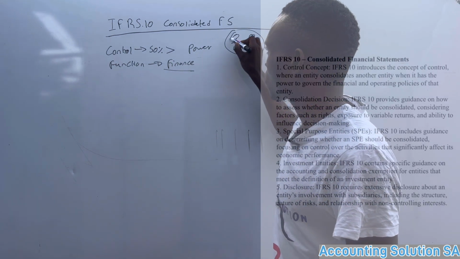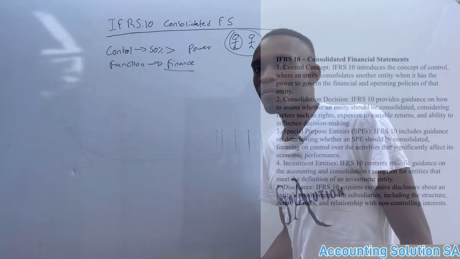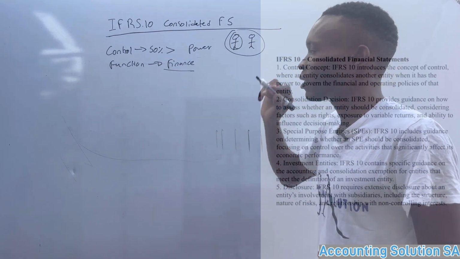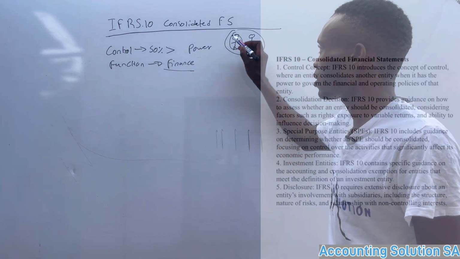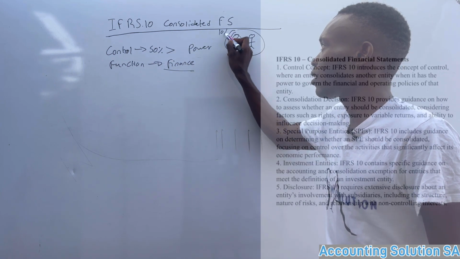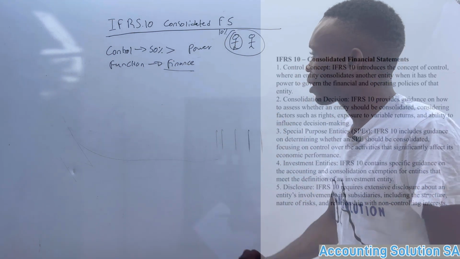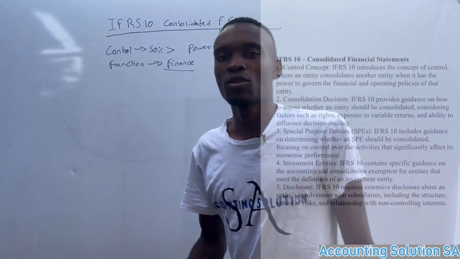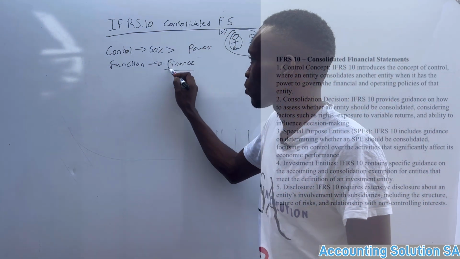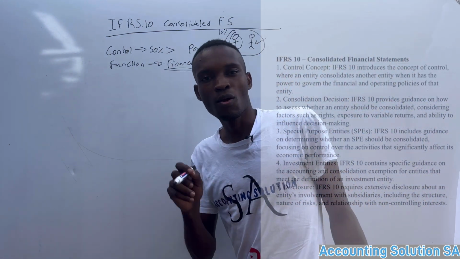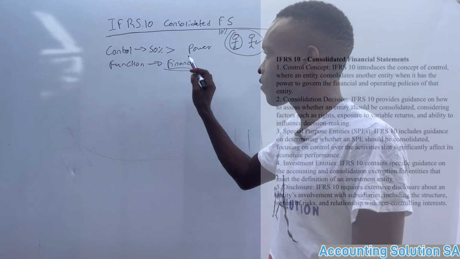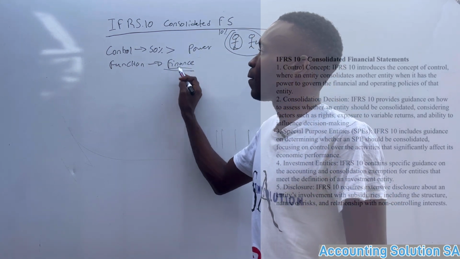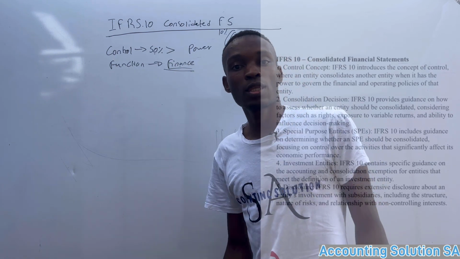If I'm the one who is holding finance, no matter what percentage I own, even if I have a share of 10%, I have control, because if I run away with the money, this one is finished. So finance must be considered as well. You need to check which company is controlling finance before you even consider the issue of percentage.